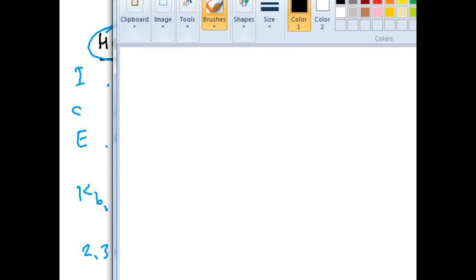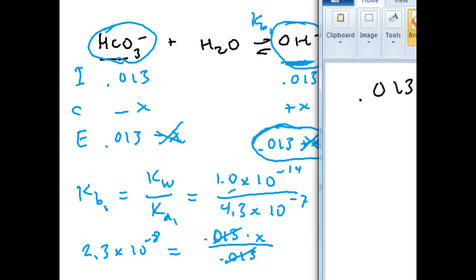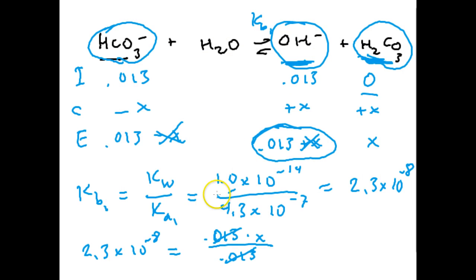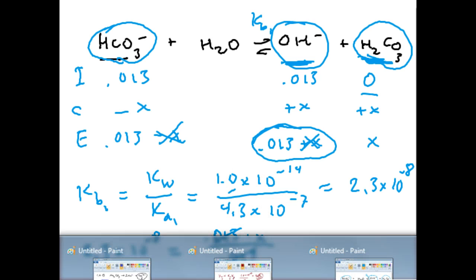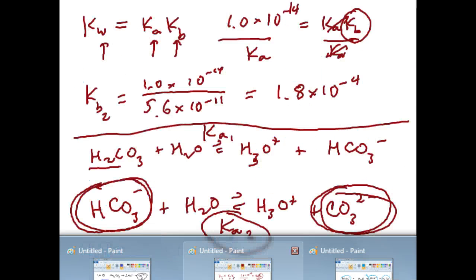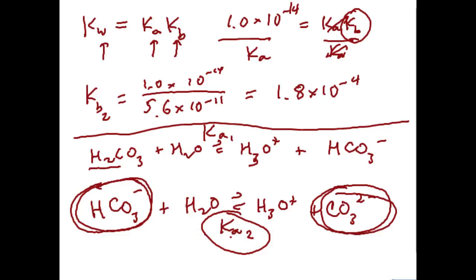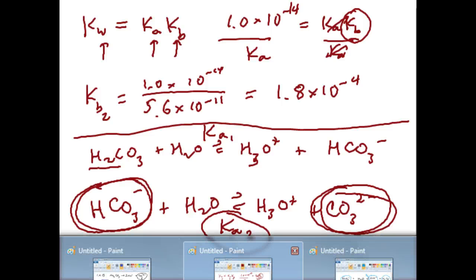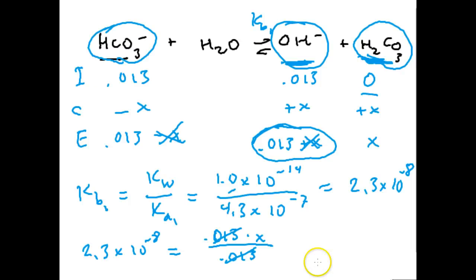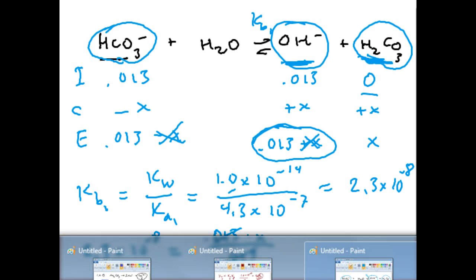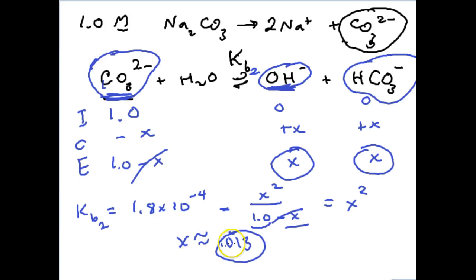So 0.013 molar OH minus from Kb2, and where's my Kb1 calculation? Is this it? No, that's not it. Is this it? Yes, that's it.